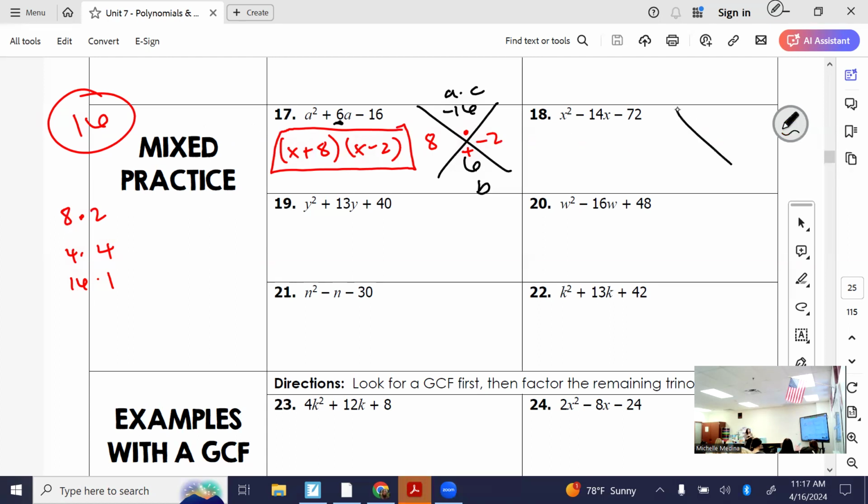Someone else will be ready. So numbers that multiply to -72 and at the same time add to -14. Let's think about it. All right, anyone think they know it?